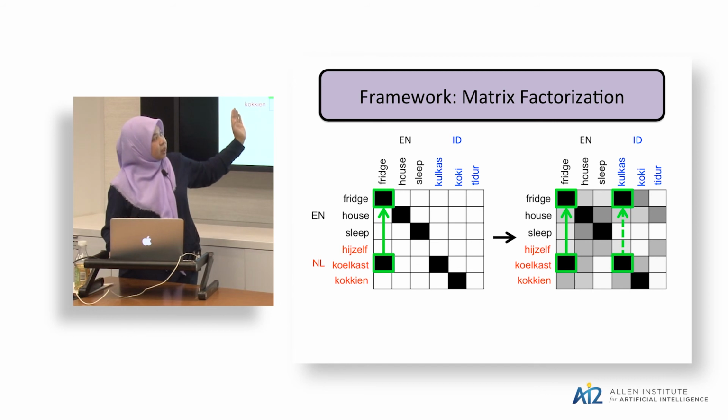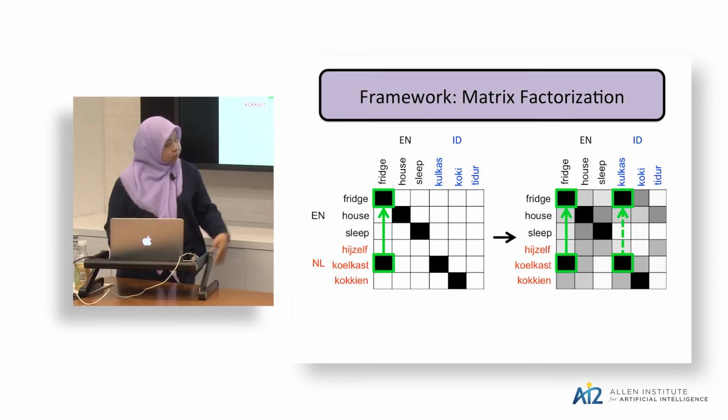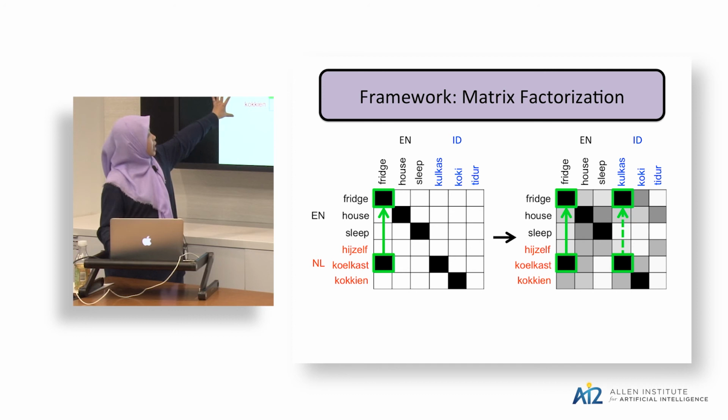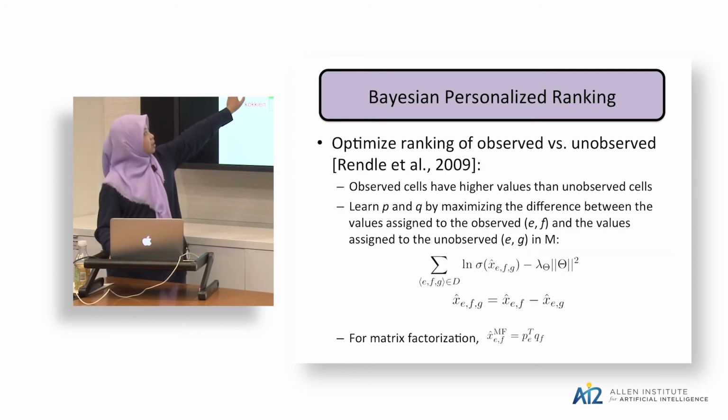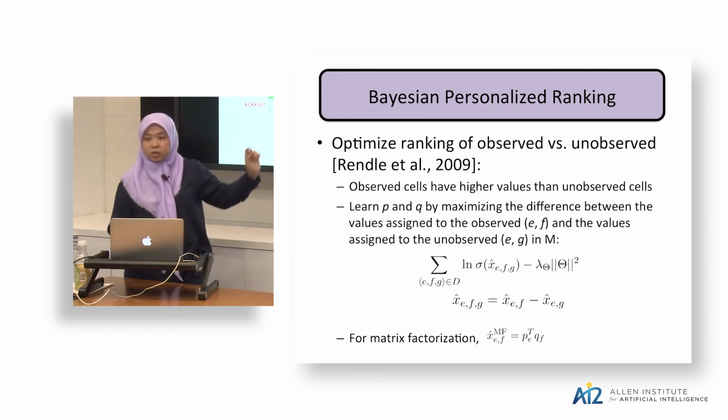And then we can infer the missing translations by using a matrix completion approach. For example, for low resource languages such as Indonesian, we can use related languages such as Dutch with some of the translation to English to project the translation from Indonesian to English.